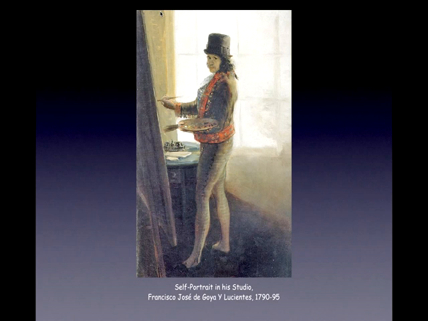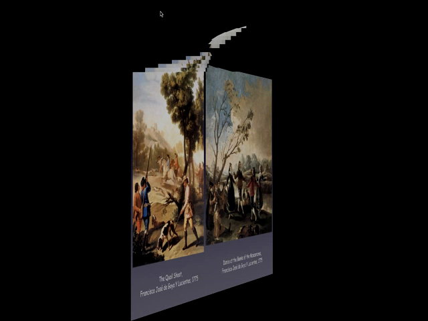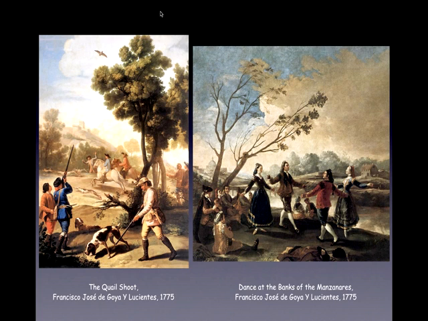He was born near Saragossa in Spain, deep in the 18th century. I mean, I hate to do this to you, but here we're going back into the 18th century again. 1746. His art passes through transitional periods of the 18th century, sort of Baroque, Rococo kinds of paintings.